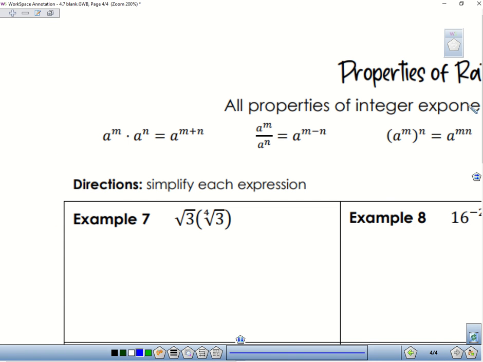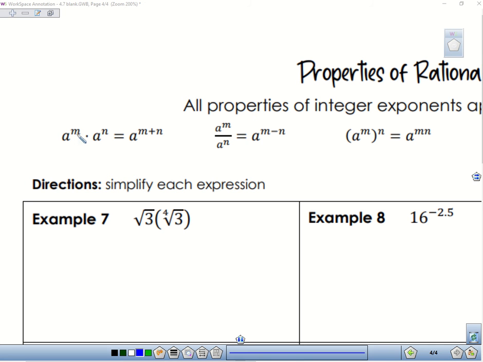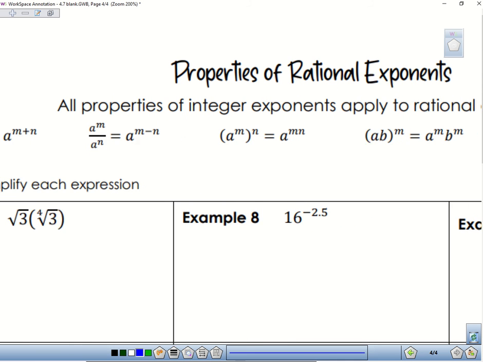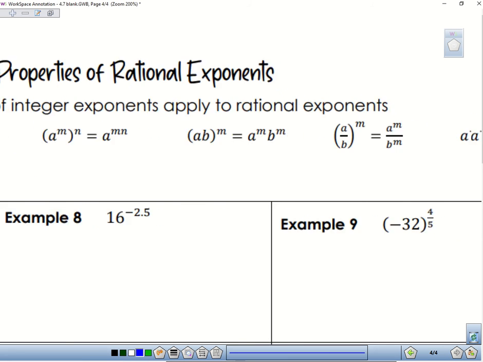So now we're going to do some operations. This is just a refresher on some operations we do with exponents. If you have a common base and you're multiplying, you just add the exponents. If you have a common base and you're dividing, you subtract the exponents. If you have a base with an exponent put to another exponent, you multiply those exponents.